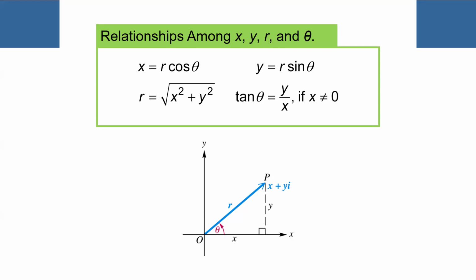We learned that x equals your radius times the cosine of theta. Your y equals r times the sine of theta. To find your r, it's the square root of x squared plus y squared, because x squared plus y squared equals r squared, and if I need to get r by itself, I have to take the square root.